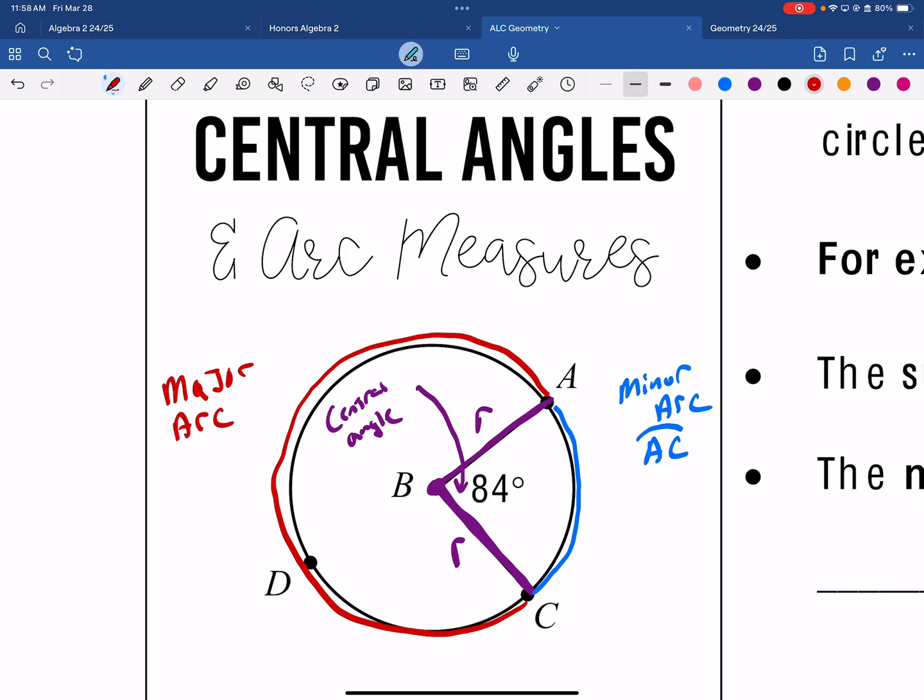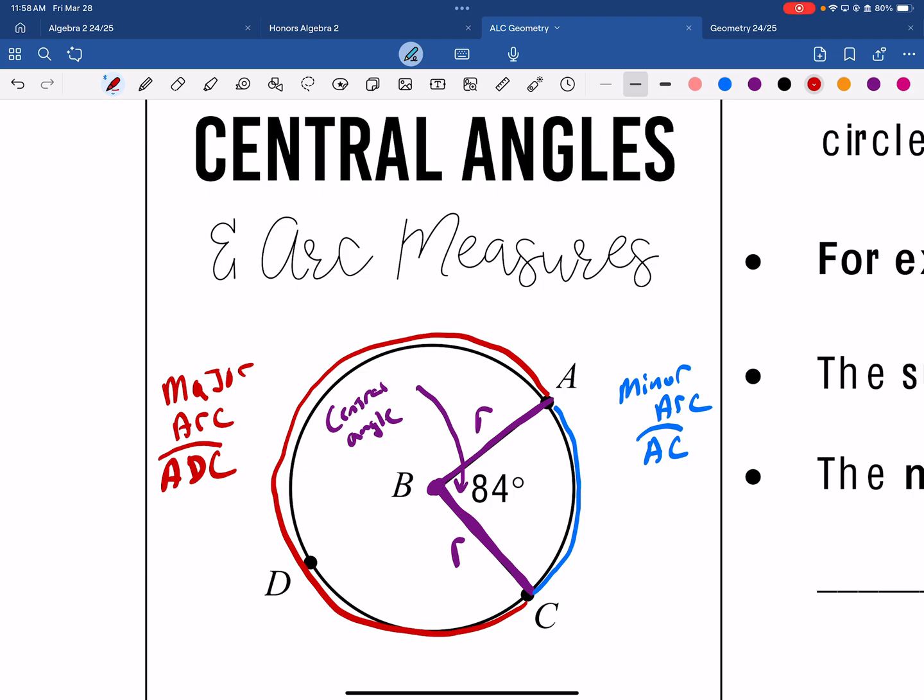When we labeled a major arc, we started with A, then went around to D, and continued around to C, and we put a little arc over the top of it. Major arcs have to be named with 3 letters. Minor arcs are 2. Major arcs are 3.